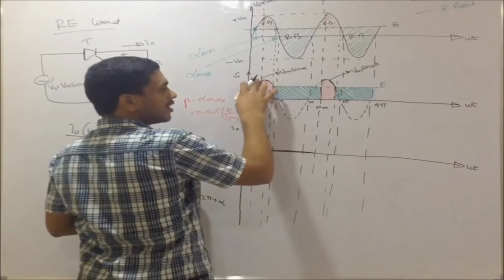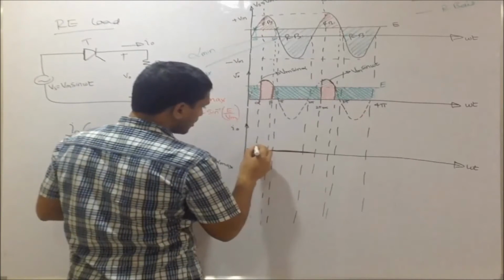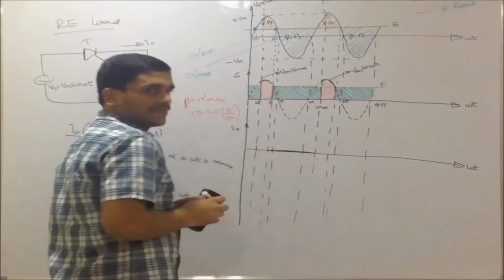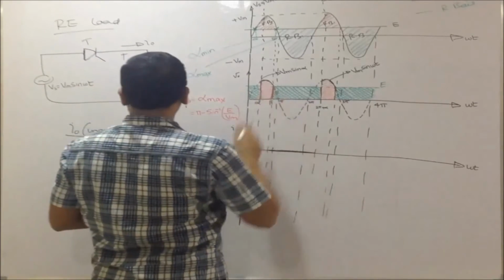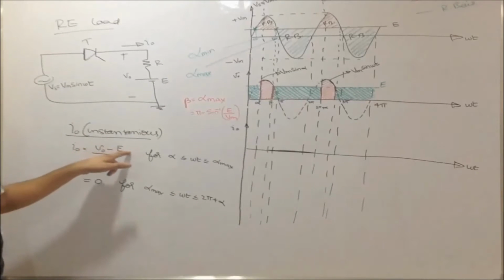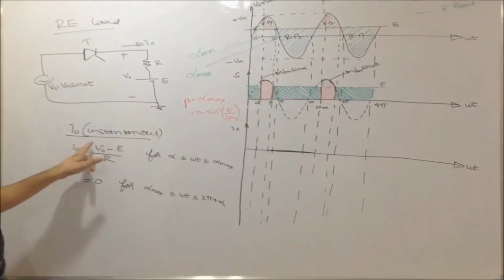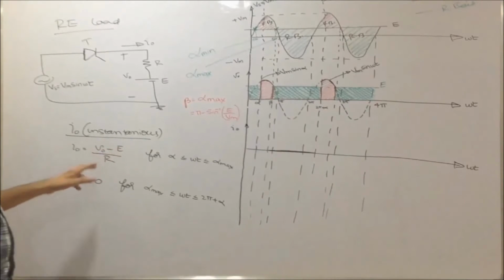Vm into sin alpha minus E by R. So the current also will have some jump. And this is sinusoidal V0 from alpha to beta. This is constant. Sinusoidal minus constant, we can say it is sinusoidal.